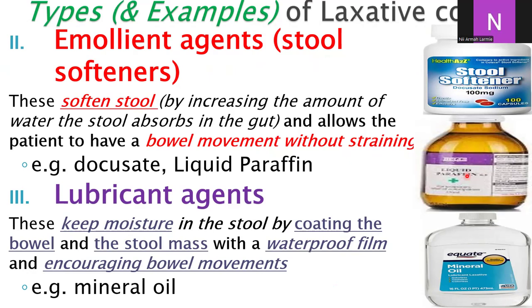And forming a coating around the stool mass also helps to keep moisture in the stool. So once they have formed that coating on both the bowel and around the stool mass, it reduces the friction and therefore encourages the bowel movement.